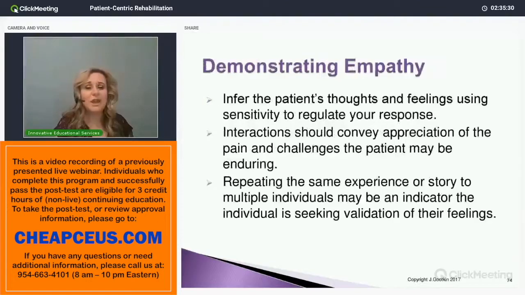So how do we demonstrate empathy to our patients? We are going to try to be aware of our patient and how they're responding. If your patient comes in and they say this, listen to what I'm saying, tuning in. Here's demonstrating empathy. I stopped taking my meds.